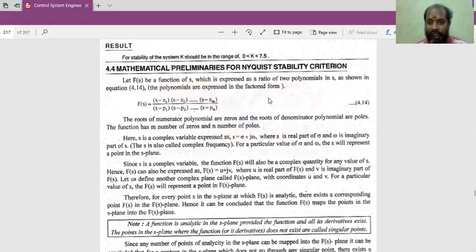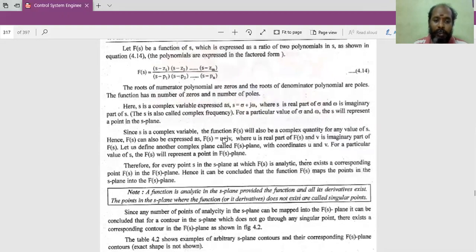Before getting into the actual discussion, we will start with the preliminaries, some terminologies related to Nyquist stability criteria, which have to be discussed in a brief way, so that you can understand the concept behind how the system is being analyzed based on Nyquist stability criteria. Let us say you have an S plane.